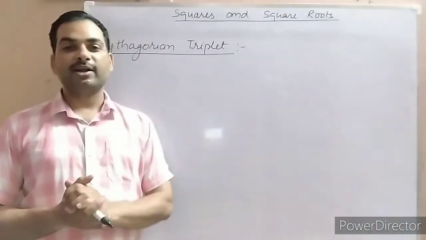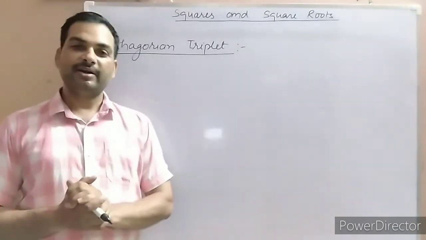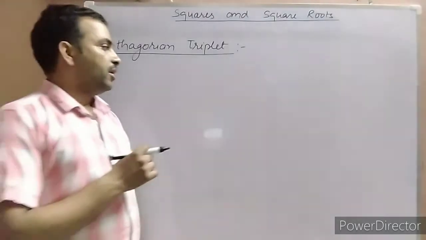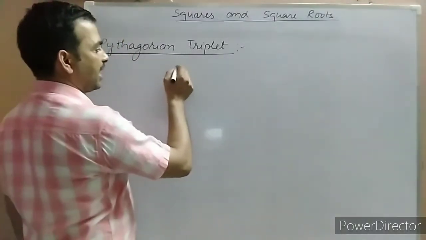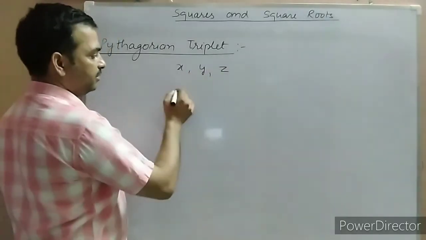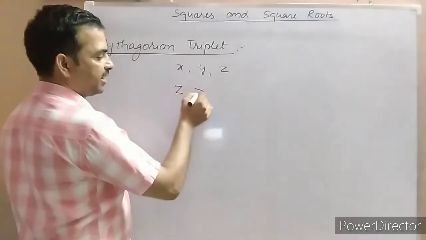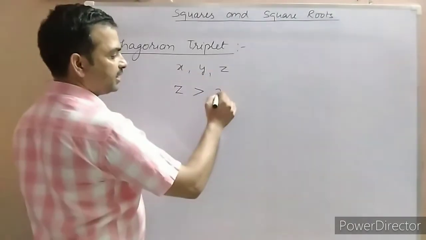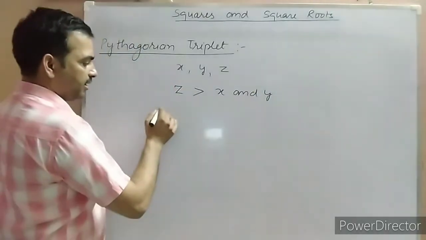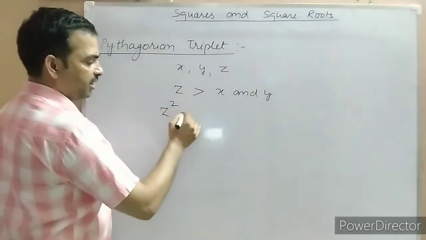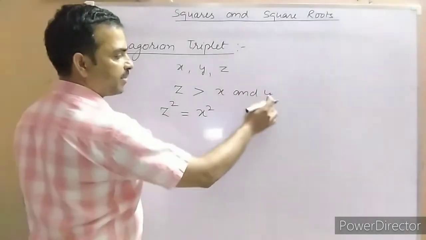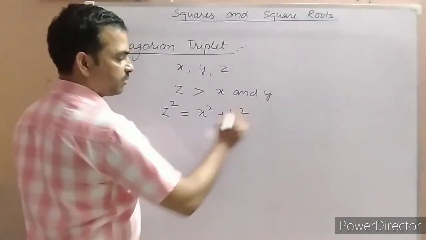Now again an important concept, Pythagorean triplet. What is a Pythagorean triplet? If we have three numbers x, y, z, and here z is greater than the two numbers x and y, then the square of z is equal to the sum of the squares of these two numbers, x squared plus y squared.